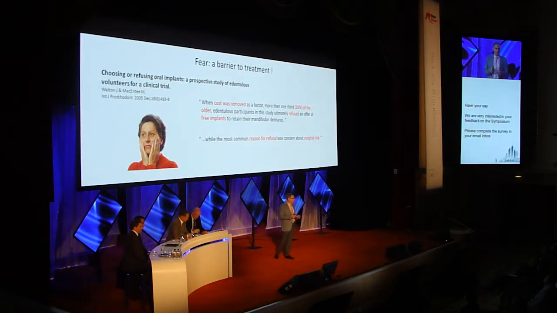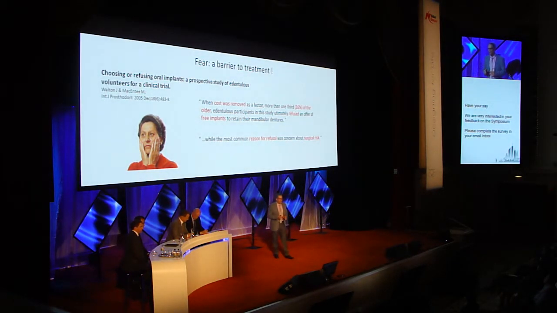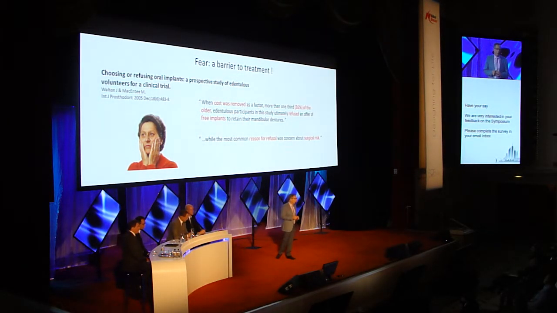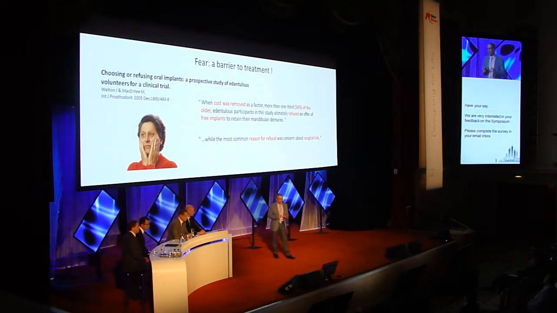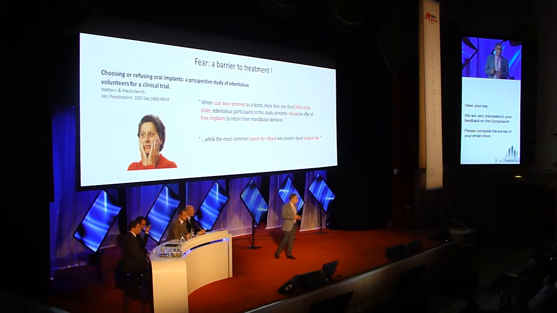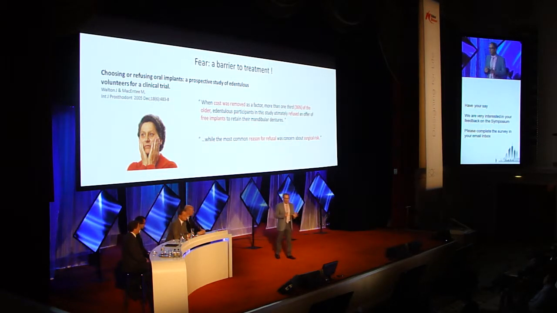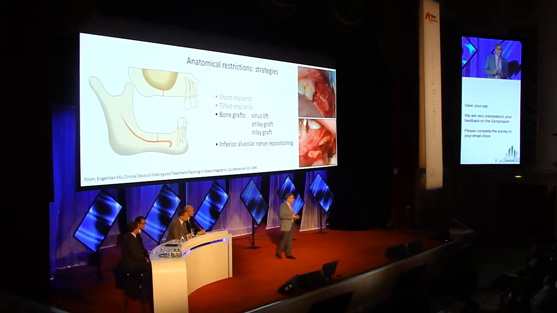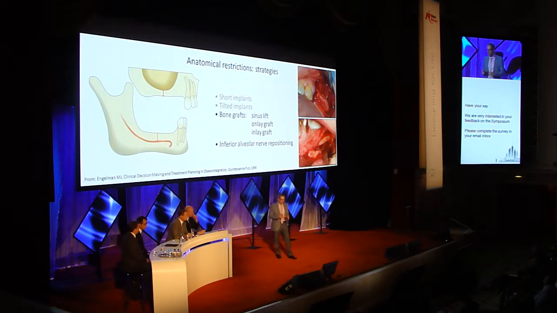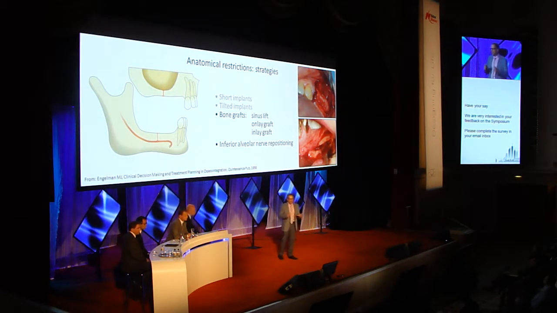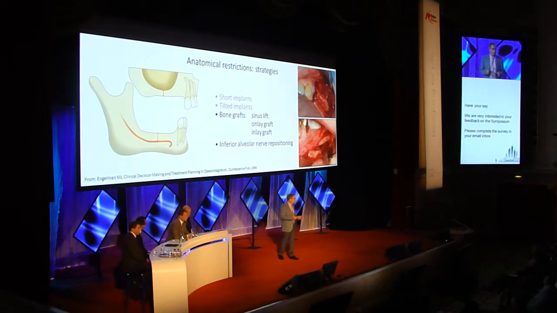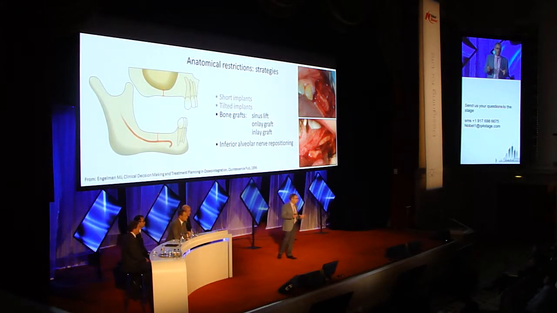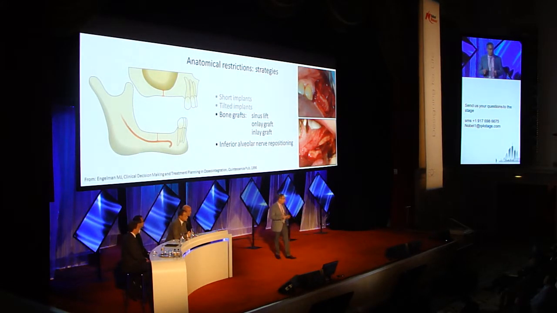When you remove cost as a factor, there is still one-third of patients that will refuse to go through implant therapy. And the main reason for this is fear of surgical risk, fear of complication. Considering the fact that patients wait a substantial amount of time, or wait until they lose a substantial number of teeth before they seek treatment, it is likely that anatomical restriction will be present in the posterior region.